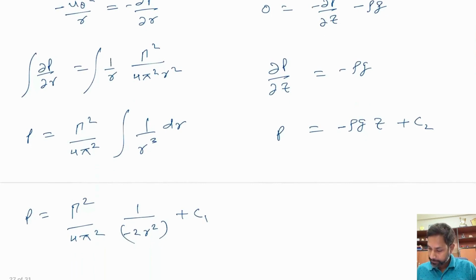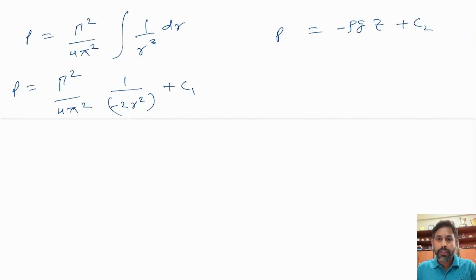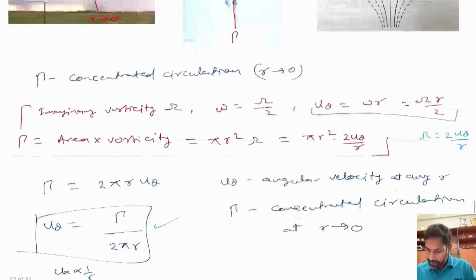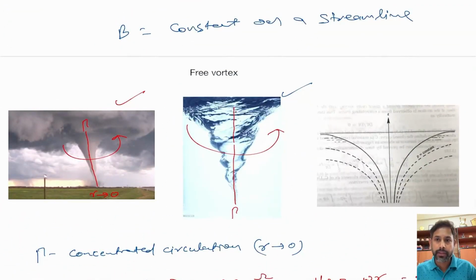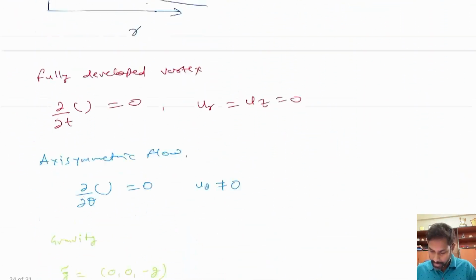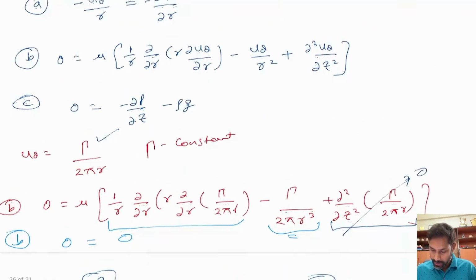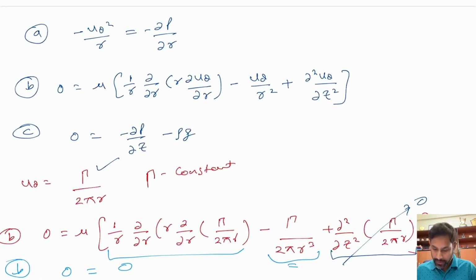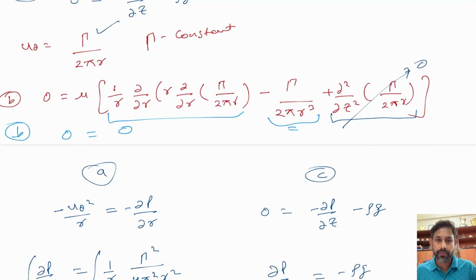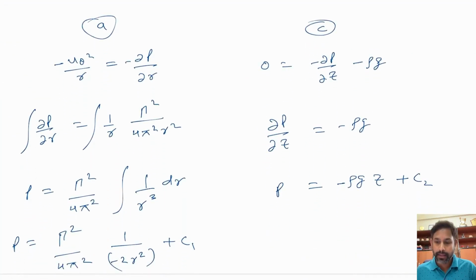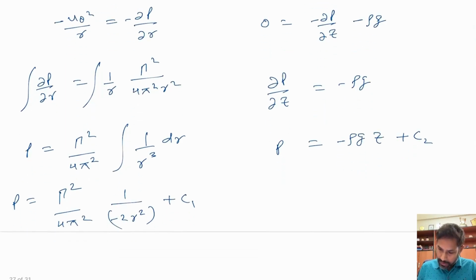Okay, so we have got two equations for pressure for the free vortex case, right? And just to recall, this is the problem we are currently working on. After making several simplifications and cancelling unnecessary terms in the Navier-Stokes equations, we finally got these three equations A, B, C, where B cancels out within itself, and we are left with A and C, and these two equations give us two formulas for pressure.